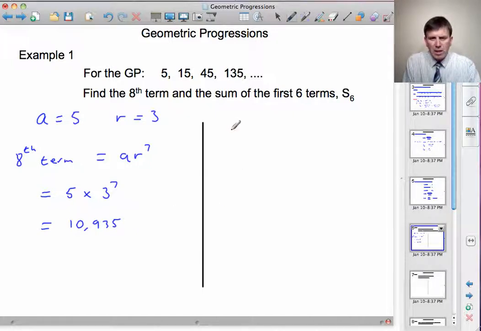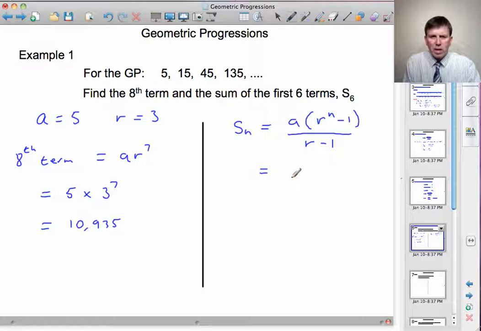Next we want to find S6, but I'll begin by writing down Sn. Sn is equal to A bracket r to the n minus 1 divided by r minus 1.